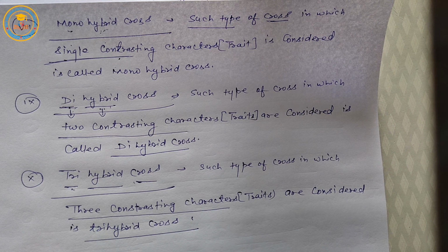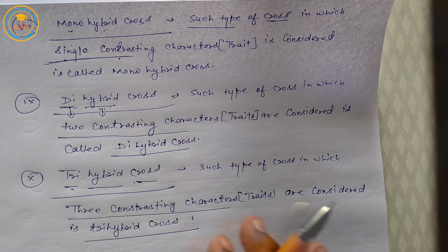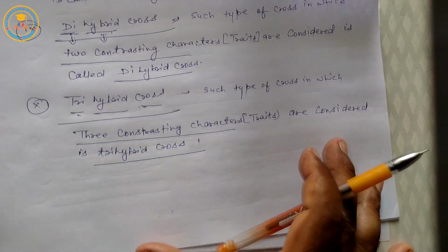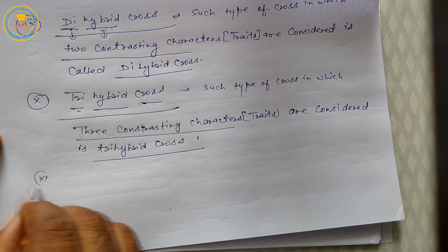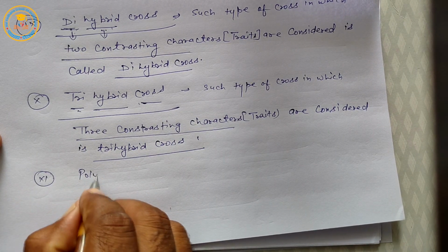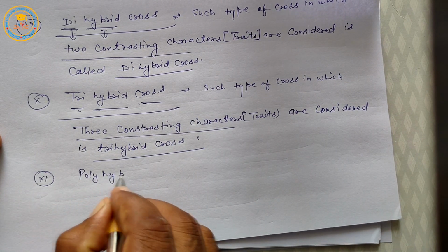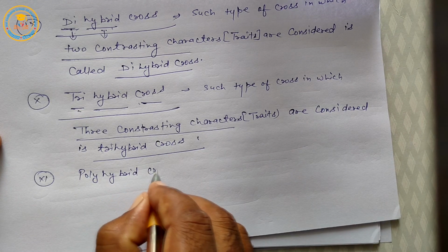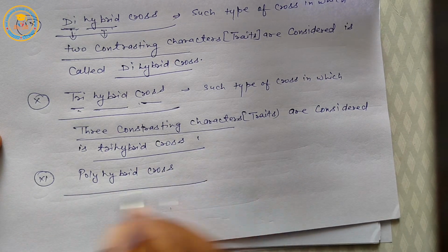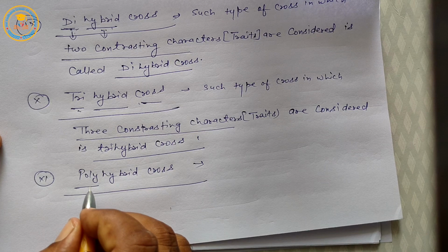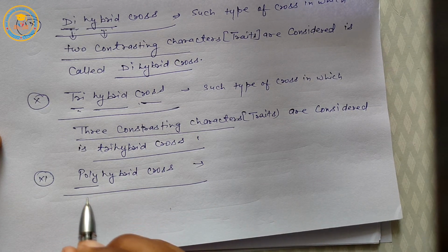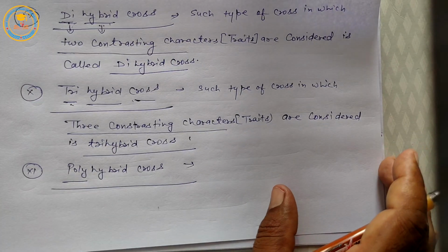Next specific terminology is polyhybrid cross. Students, remember, poly means many, it means many contrasting characters are considered.